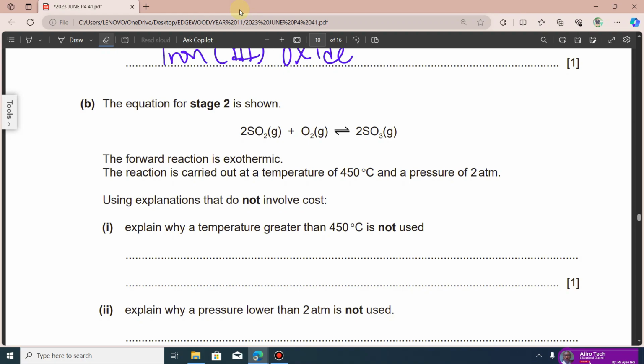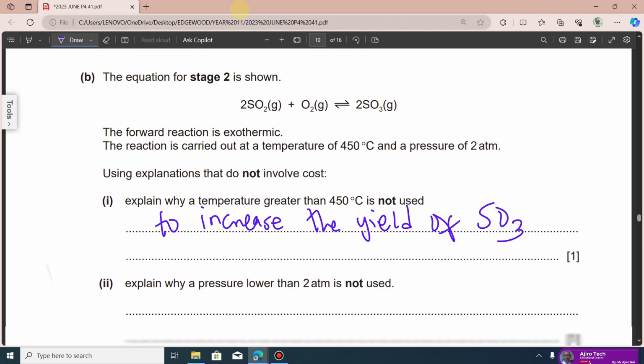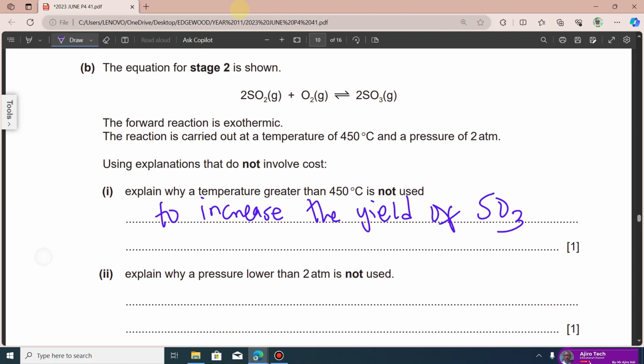So a temperature greater than 450 degrees Celsius is not used, in order to increase the yield of SO3. That is why we do not use a temperature greater than 450 degrees.